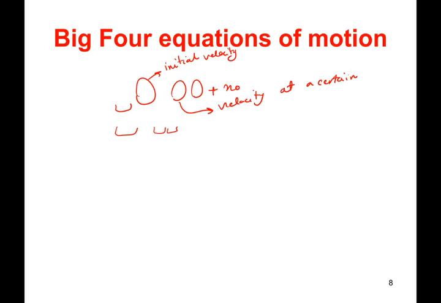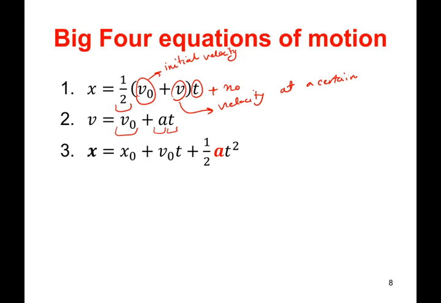one of the most famous equations in motion, which is this, which relates the distance traveled after a certain time: your initial x naught, plus initial velocity multiplied by time, plus 1/2 a t squared.